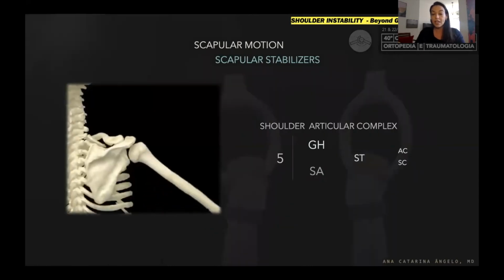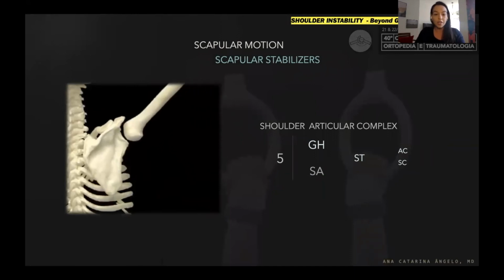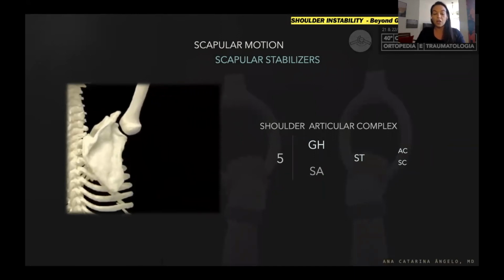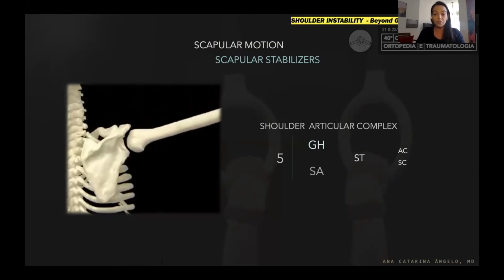As we've seen, this articular complex is composed of essentially 5 joints. Some move more than others, but they are all very important, and they all play a role in rotator cuff and shoulder girdle range of movement.